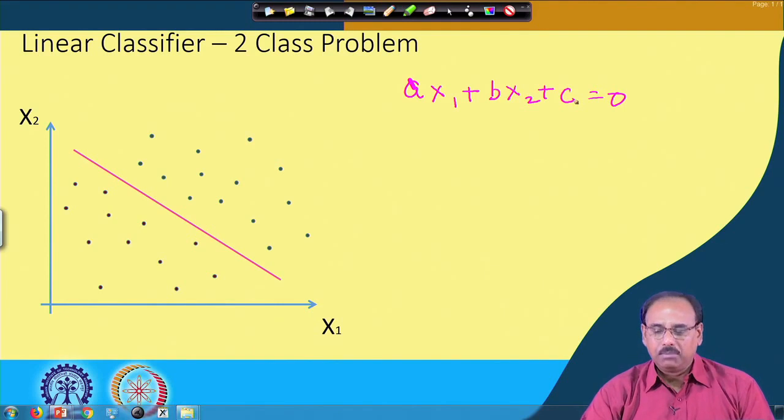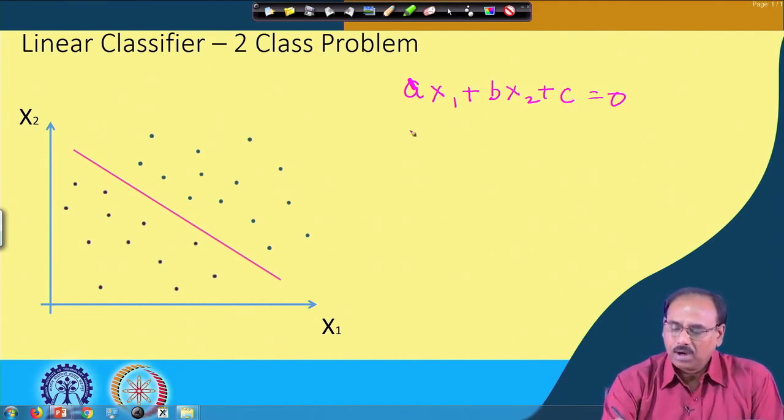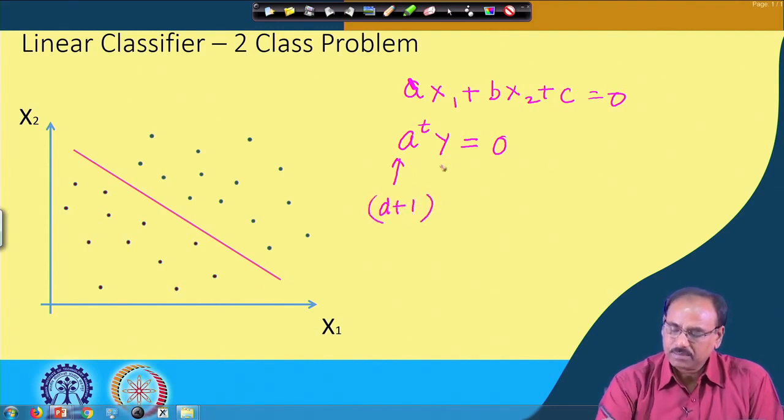Whereas, in a multi-dimensional case, this linear boundary, which will be nothing but a hyperplane, will be of the form A transpose y is equal to 0, where A is a d plus 1 dimensional vector, and y is also a d plus 1 dimensional feature vector.